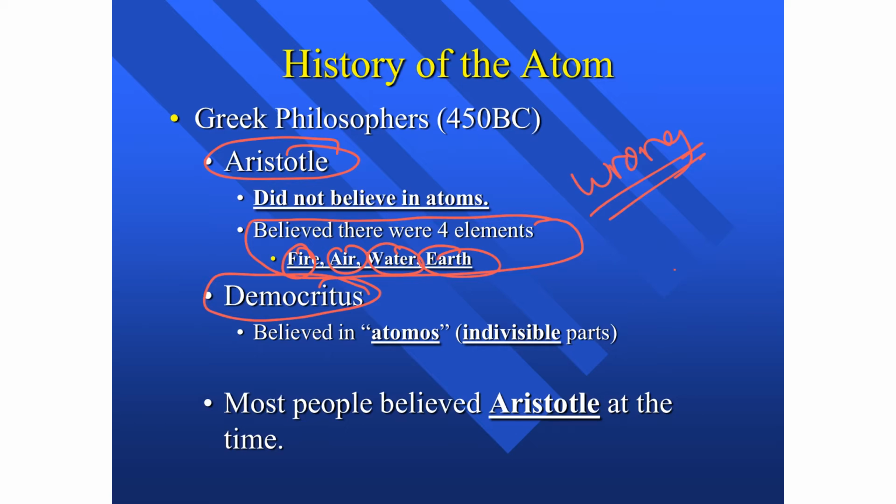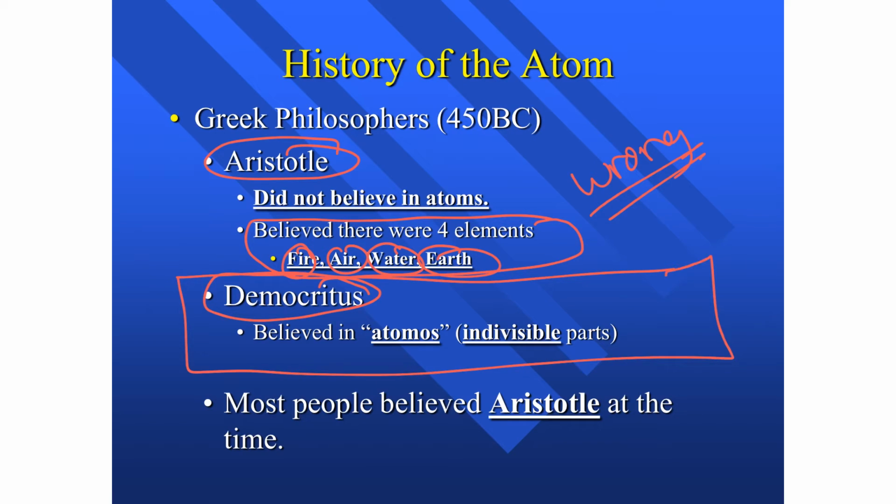But he was a pretty smart guy, and he was very famous, and so a lot of people believed what he said. But as it turned out, there was a guy named Democritus, who was a Greek philosopher, as I said, and he had a different idea. He believed that all things were made of little tiny, indivisible parts, and he called those things atomos, which is the Greek name for individual parts.